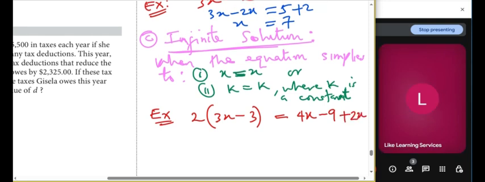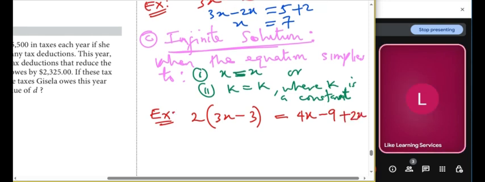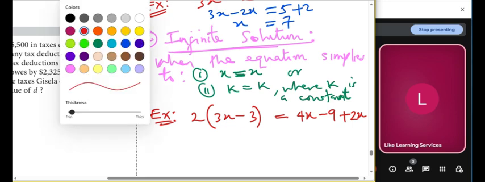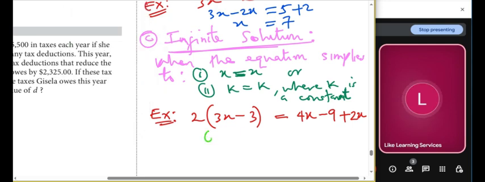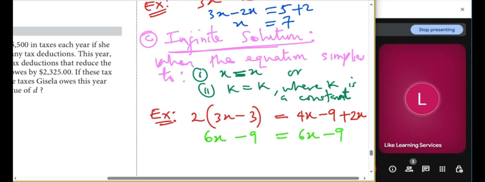So let's solve this. Open the bracket, you have 6x minus 9, isn't it? The other one will also be 4x plus 2x equal to 6x minus 9, isn't it?